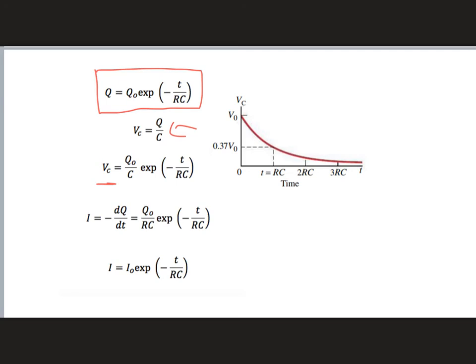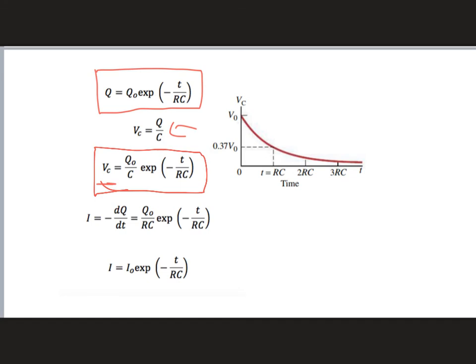So this up above is the charge on the capacitor as a function of time, and this expression down below is the voltage across the plates of the capacitor as a function of time. In other words, I plug in a time value for t, and that will tell me what the voltage across the plates is at that time.